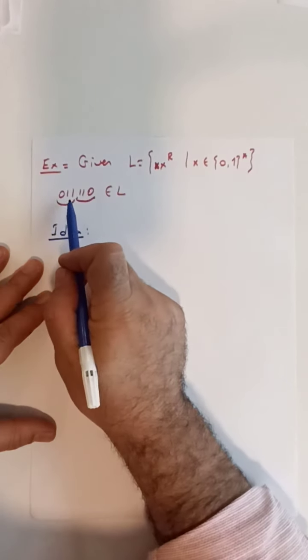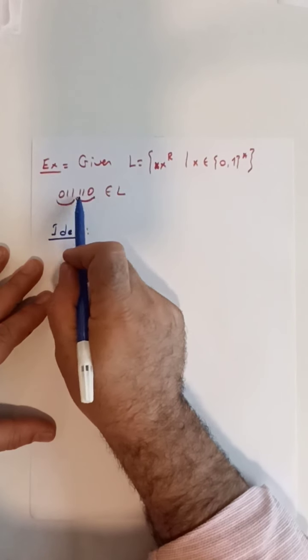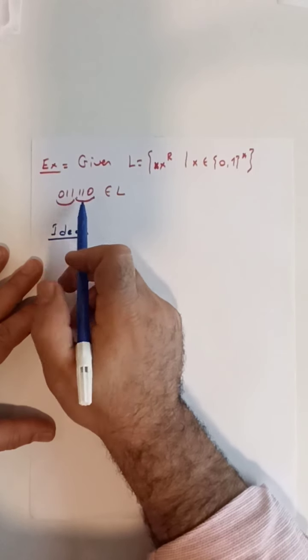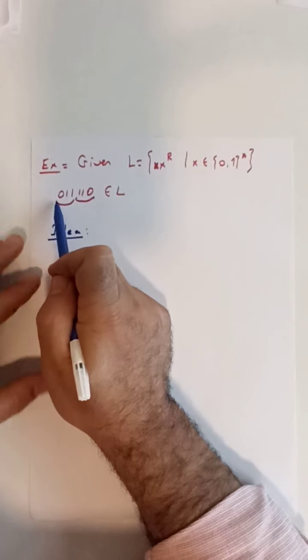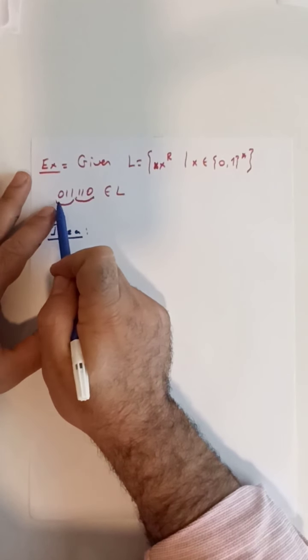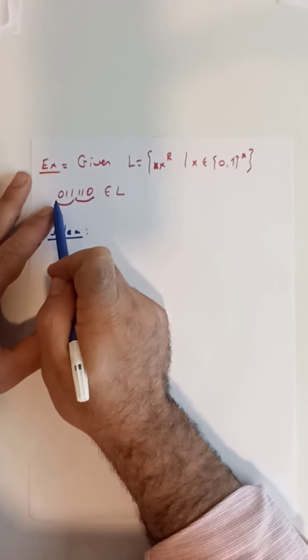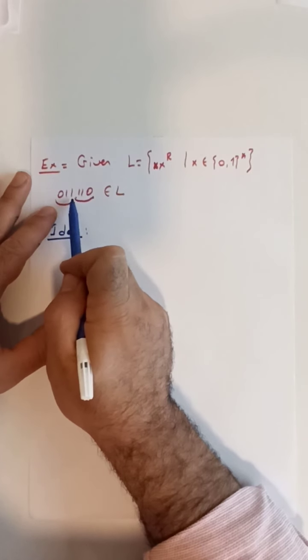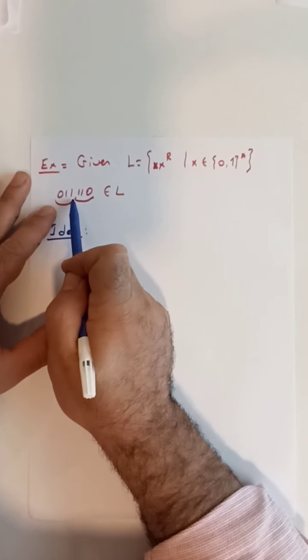Given such a string, we want to be able to store exactly the first half of the string in the stack which we have available for our PDA.